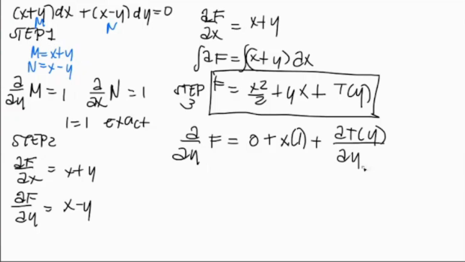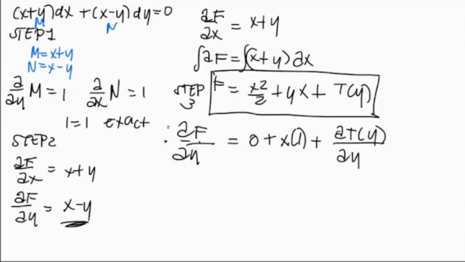Kasi d over dy times t of y is this. Equals din to sa t prime y, pero isulat natin muna siya as that. Alam natin na ito, pwede itong i-rewrite as df over dy, which is n, yung in-equate natin kanina.